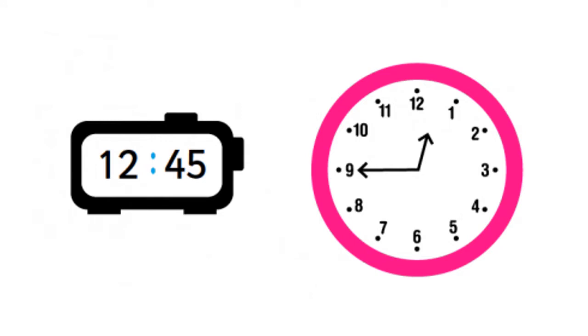In the 24-hour system, the time is written in 4 digits. The first 2 digits on the left side of the colon are for the hours, and the last 2 digits on the right side of the colon are for the minutes.